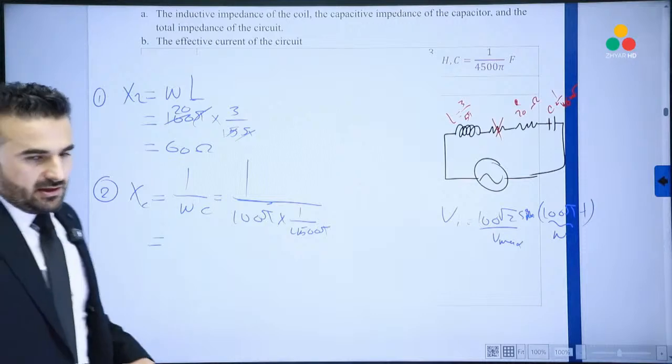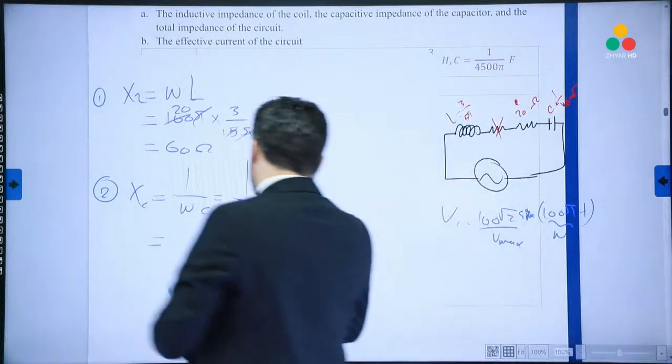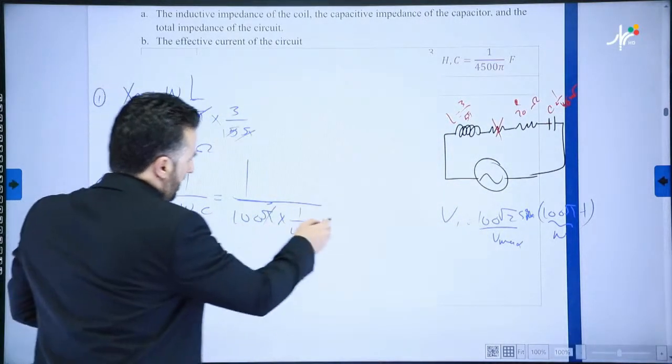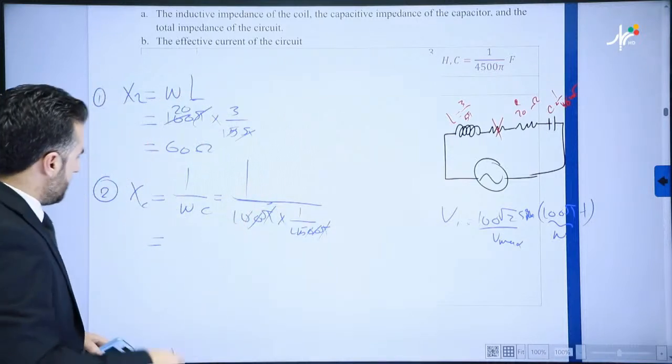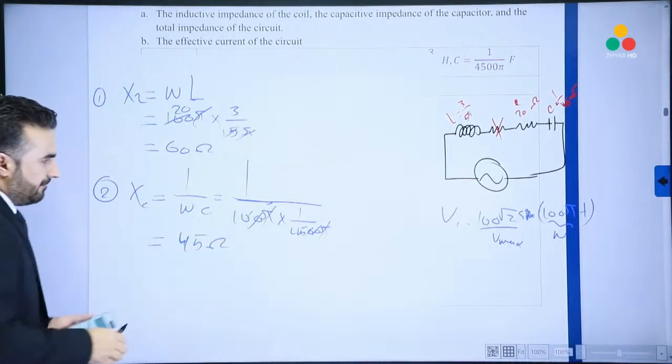What is XC? So let's get a calculator back. All right, so that is what we have. Now these two zeros cancel out. We can say pi and pi cancel out. This 2 will cancel out with this one. So this 45 goes up, so we can say 45 ohms.